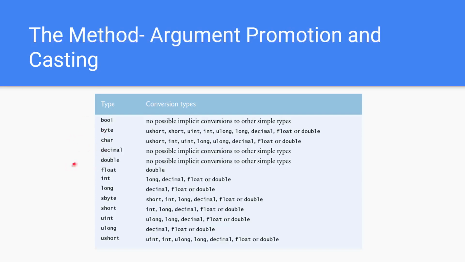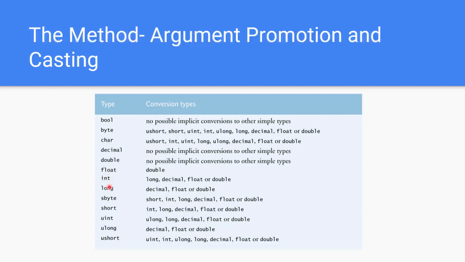Here are our conversion types, or our promotion paths. We can see here a byte type and what it can be converted to. Quite often it is a type which is going to be larger to prevent data loss. Notice there's no string here because a string is not a primitive type.